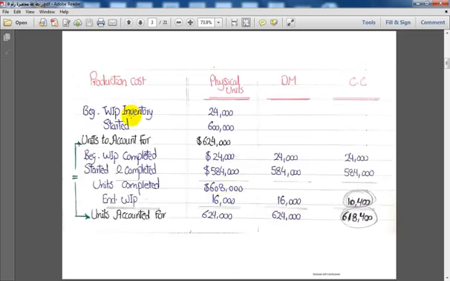The first step, production data: beginning work in process inventory 24,000, units started 600,000. The sum of both equals units to account for: beginning work in process plus units started.